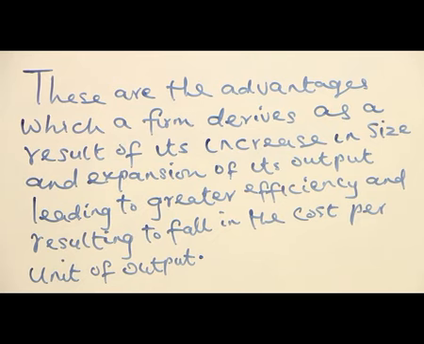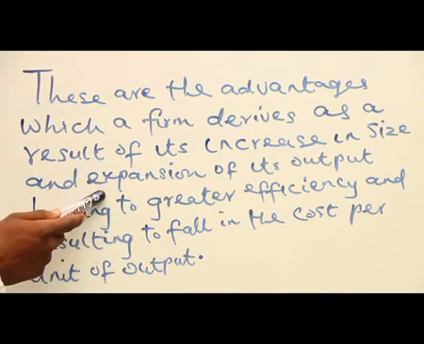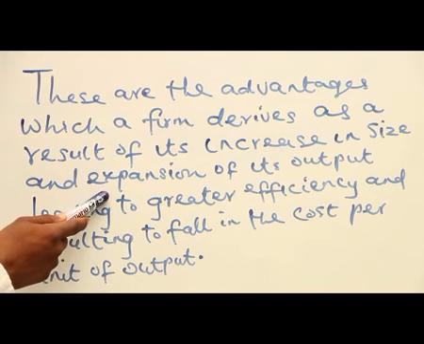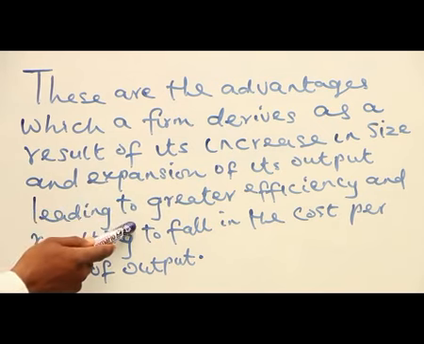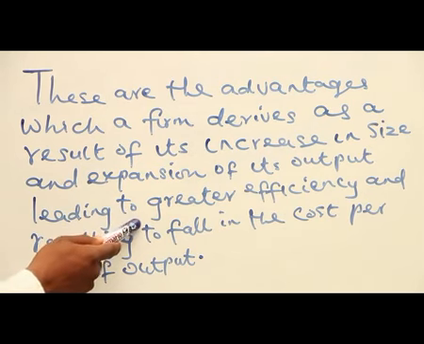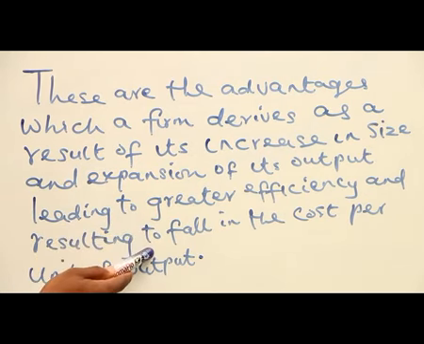That is, if a firm is experiencing internal diseconomy of scale, the firm might have an increase in size, but the output might not increase because there is no efficiency in what they are doing that can lead to a fall in cost per unit. So when a firm is having an increase in cost per unit, then the firm is experiencing what we call internal diseconomies of scale.